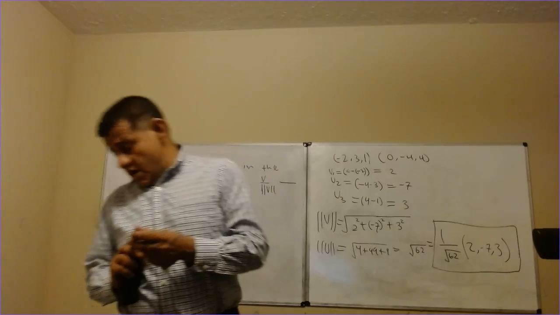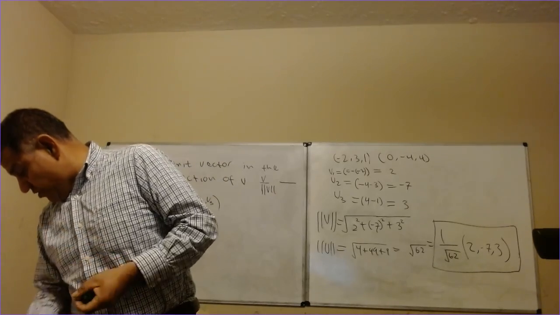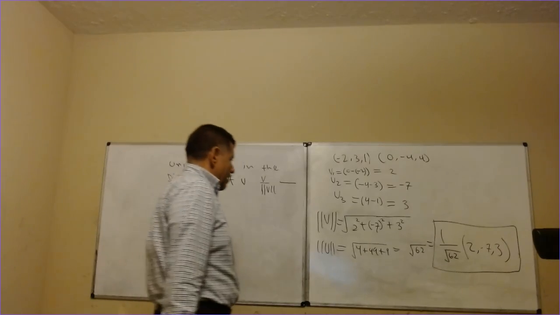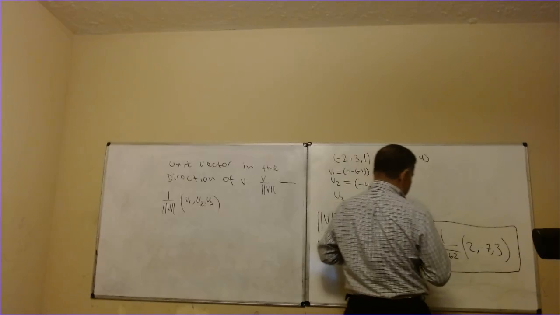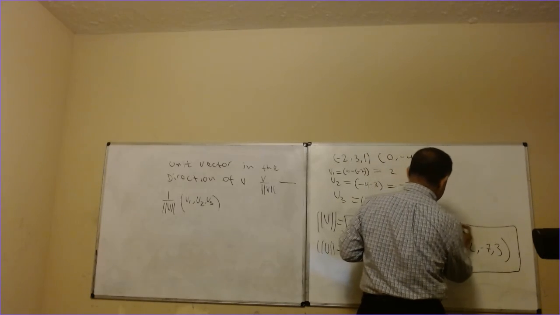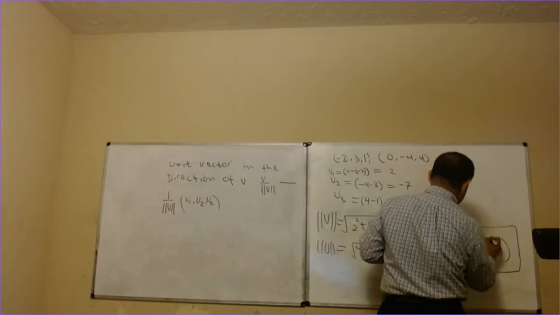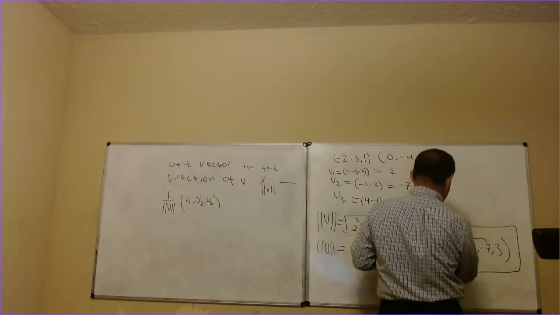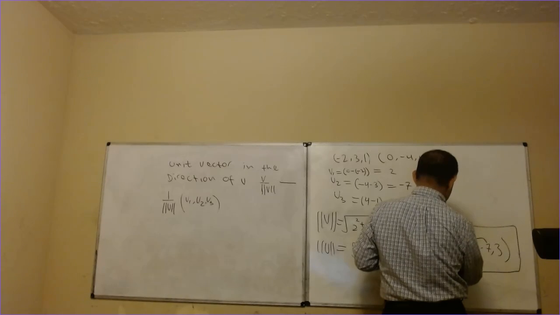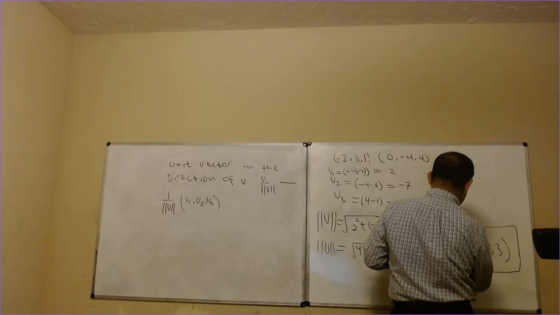Okay, and remember that this can be written by distributing this across, because this is multiplied. You can leave it like this, or it gets distributed like that, like that, like that.